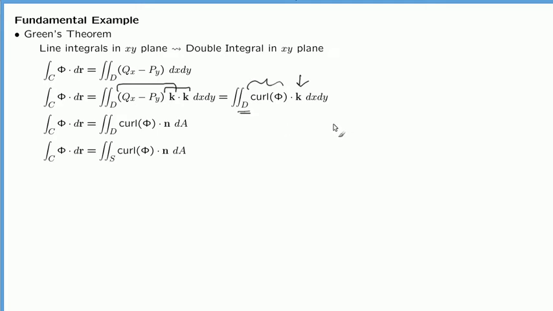Therefore, I can write it like this: surface integral over D of this one, with whatever parameterization you have, in parameterization-free notation. So if I recognize this D as a curved surface, which is actually flat in the space, we have a statement like this.